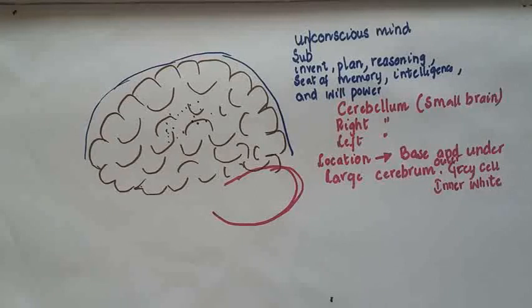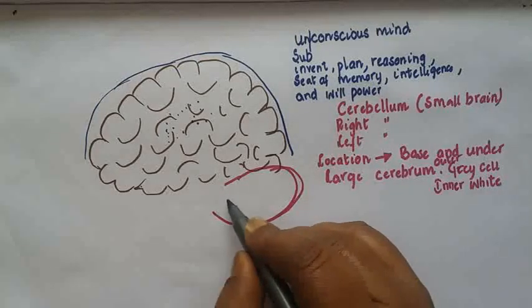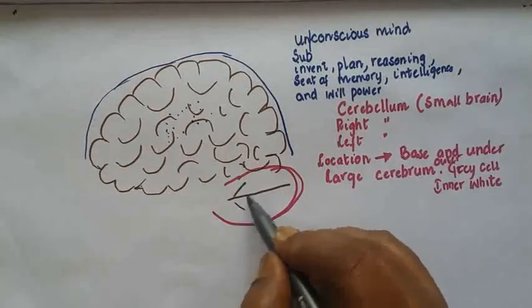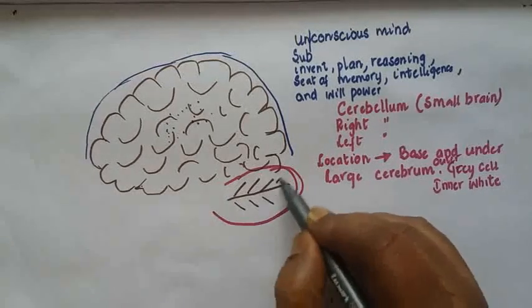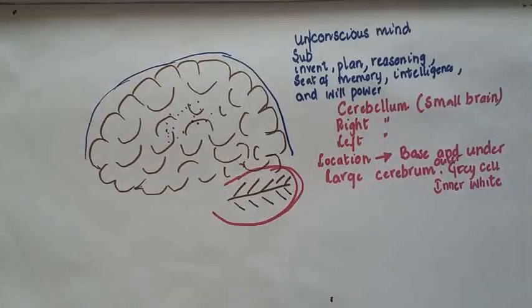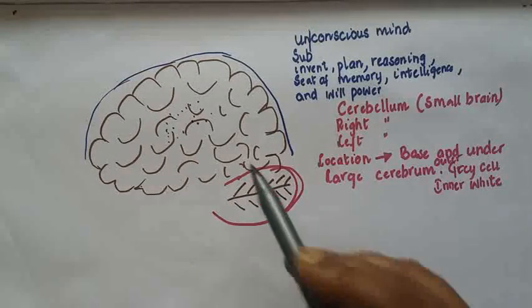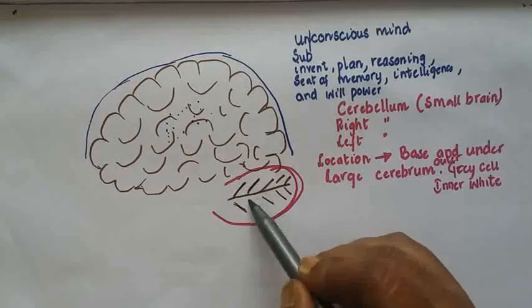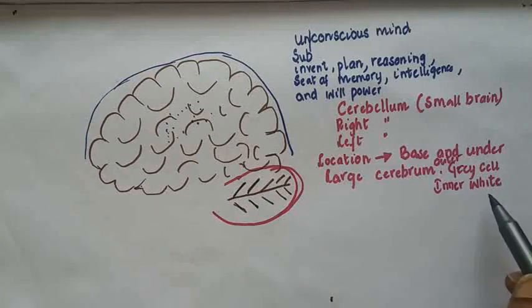And if you look at the inner white matter, it appears like a branching tree. So when you observe the internal structure of a cerebellum, it appears like a branching tree. It is due to the presence of the white matter containing axons.